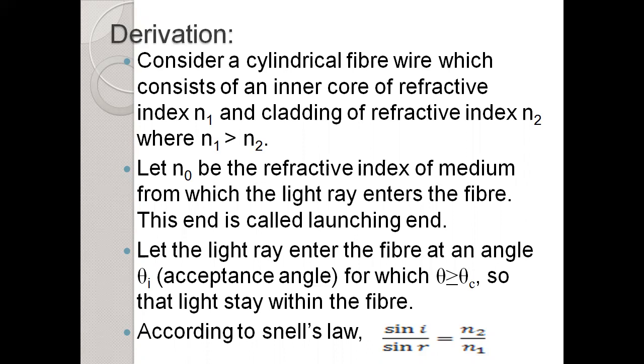Let us launch a light ray into the optical fiber with an angle of incidence theta I. If theta I is the acceptance angle, then the angle of incidence at the core cladding interface will be greater than or equal to the critical angle, so that the light stays within the fiber.